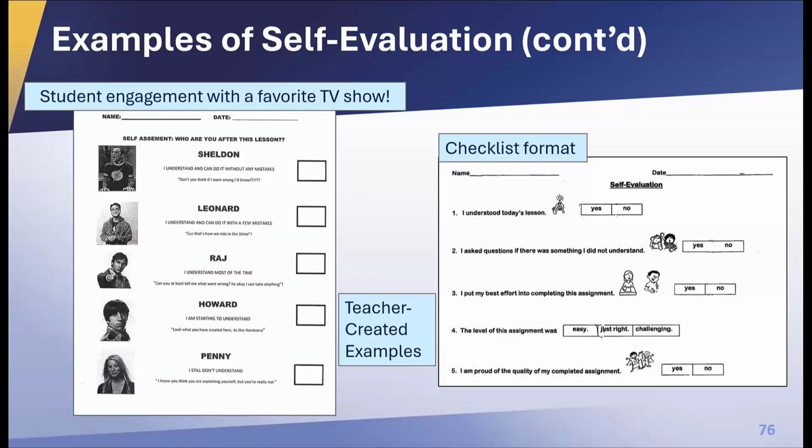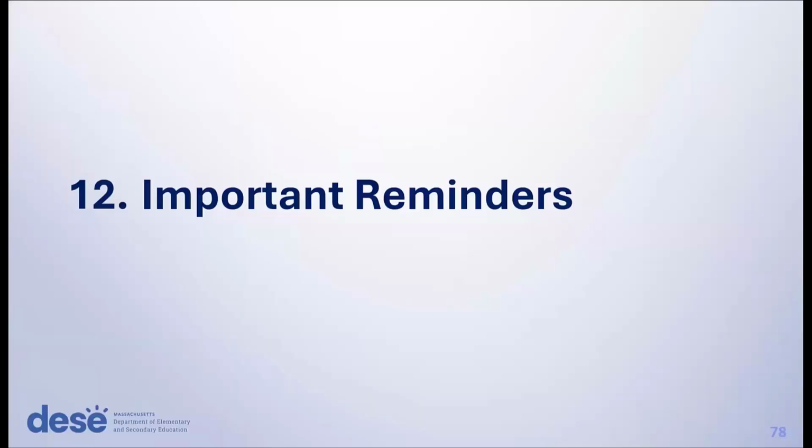Sometimes it's just a matter of the student, especially if our access skills are low entry students, maybe just saying all done before they clear off the tray is a way to say they're self-evaluating. I am done. So putting things in a bucket and being all done. So think about ways in which you can self-evaluate with your student.